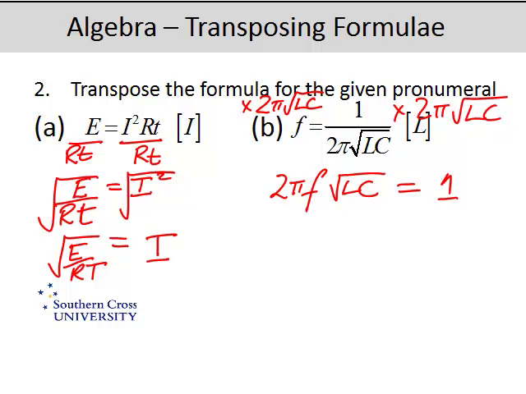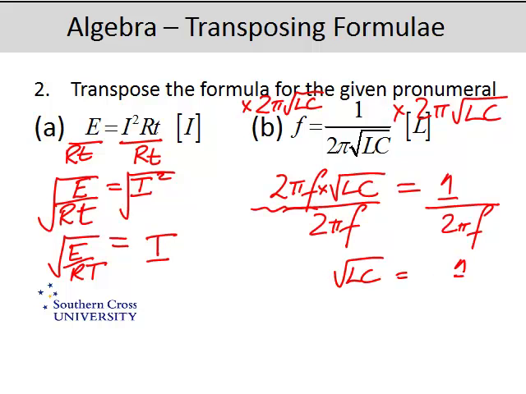So in the quest to make L the subject, we need to get rid of this bit here. So that's timesing by the square root sign, so we need to divide both sides by 2 pi f. So the square root of LC is equal to 1 over 2 pi f.